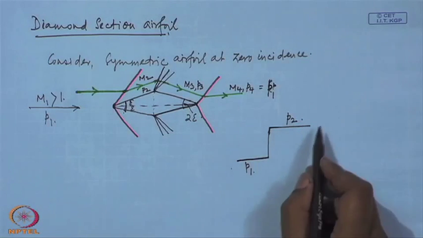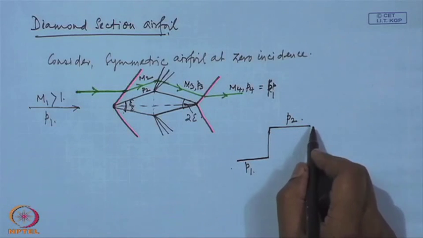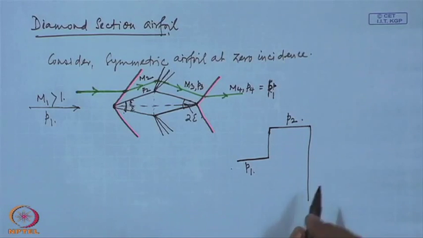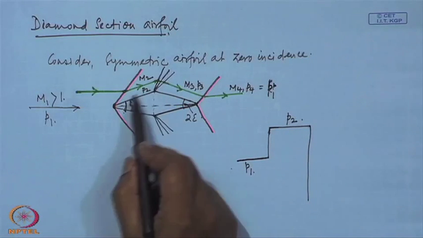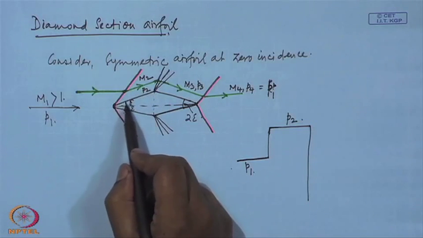On the downstream face, the pressure is again uniform at P3, but which is much lower. Remember, the turning here is double the turn here.